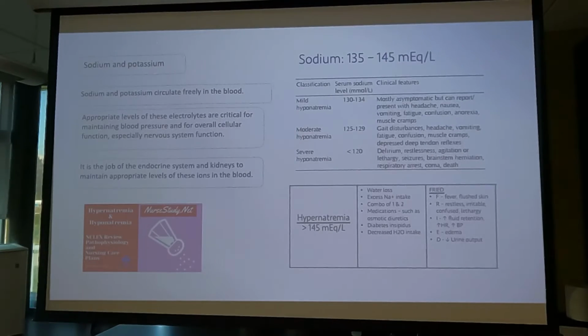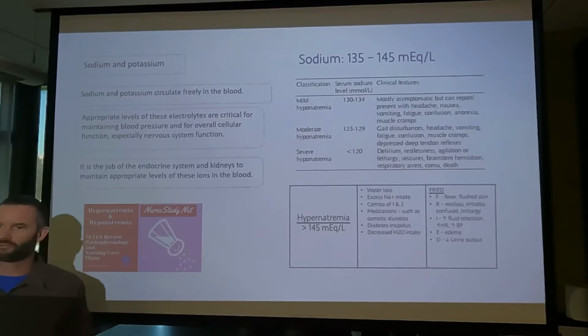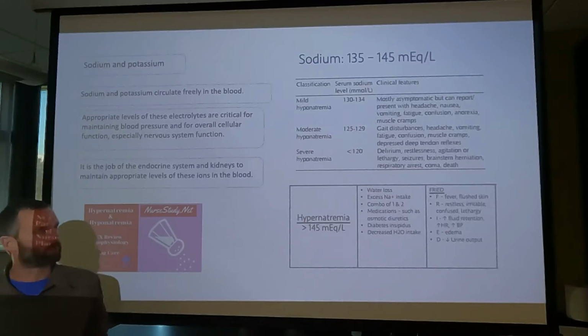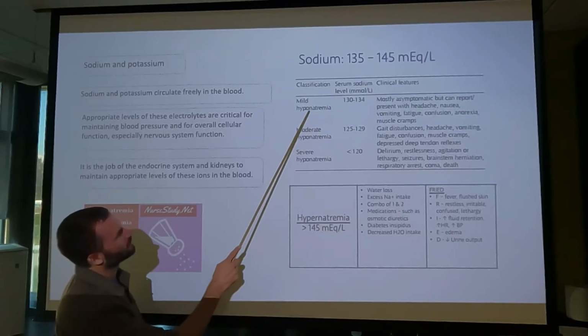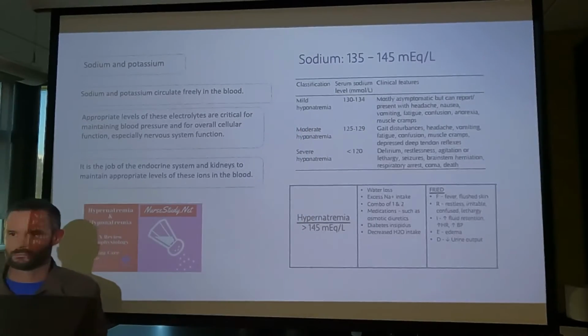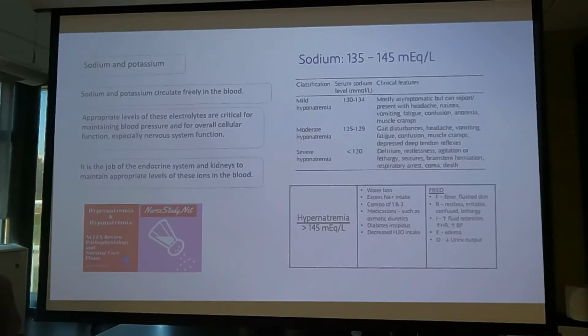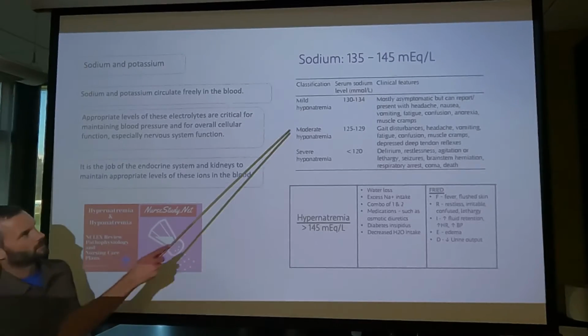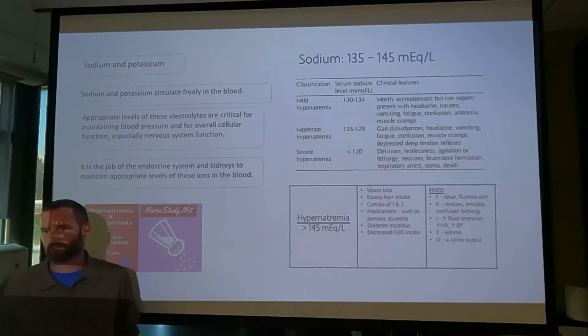But if you have low levels of sodium, what would be the clinical term for that? What's the clinical term for sodium? Natremia. And what would low levels of sodium be? Hyponatremia.